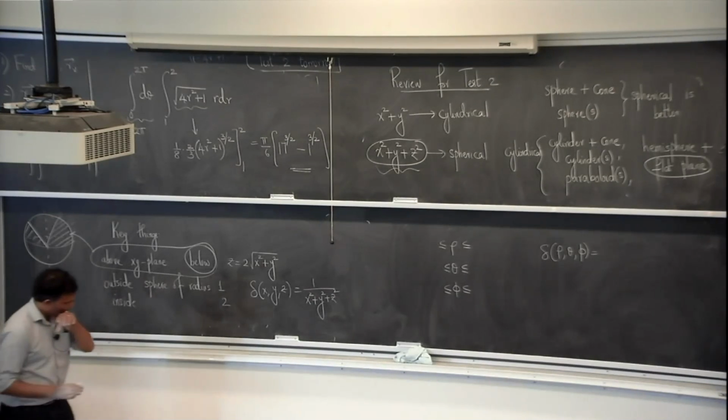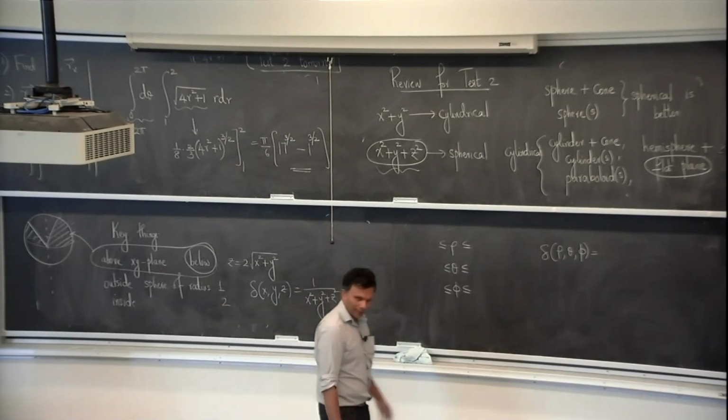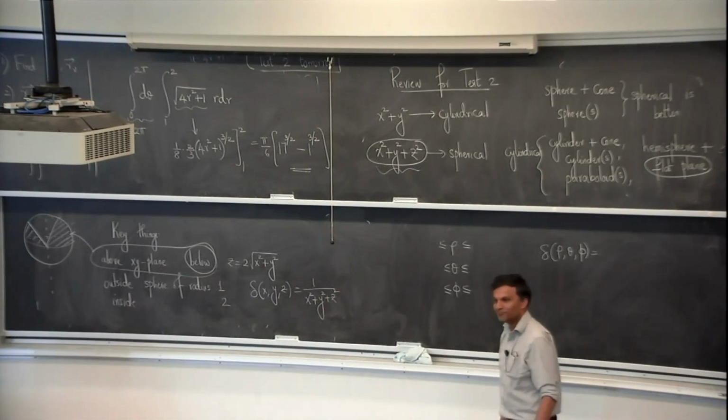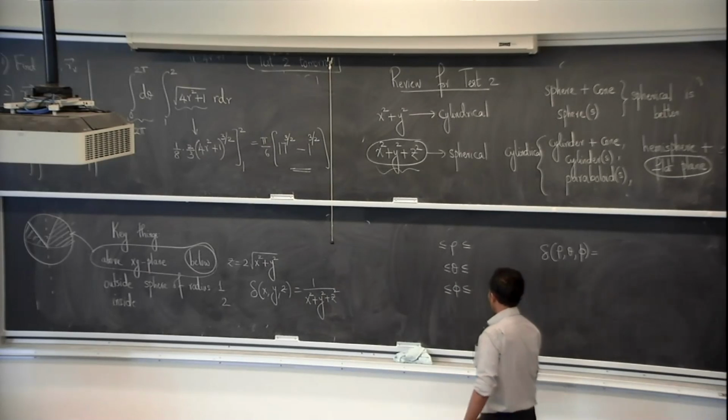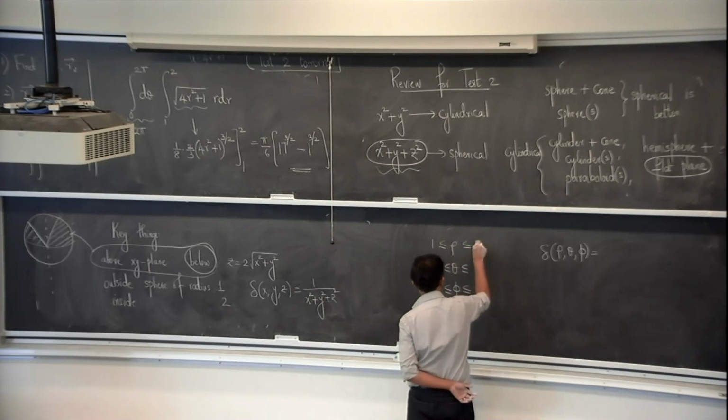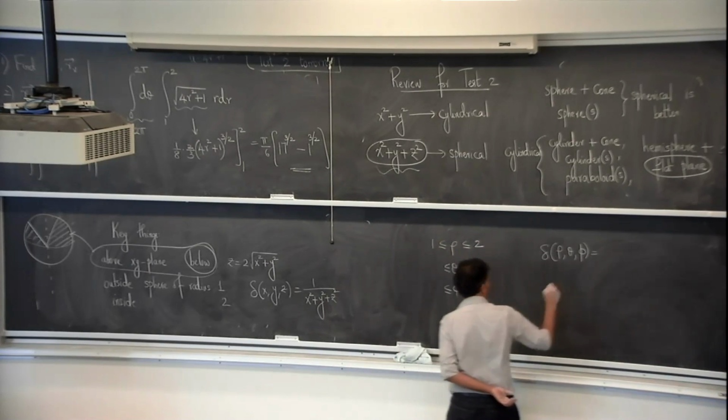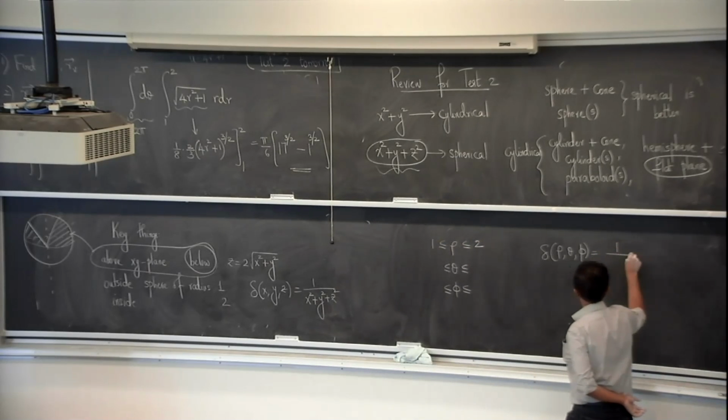So can somebody quickly tell me the limits for rho here? That's the easiest. Just 1 to 2. So if you don't panic, a lot of things in this question are pretty easy. And this is 1 over rho square. This is also easy.